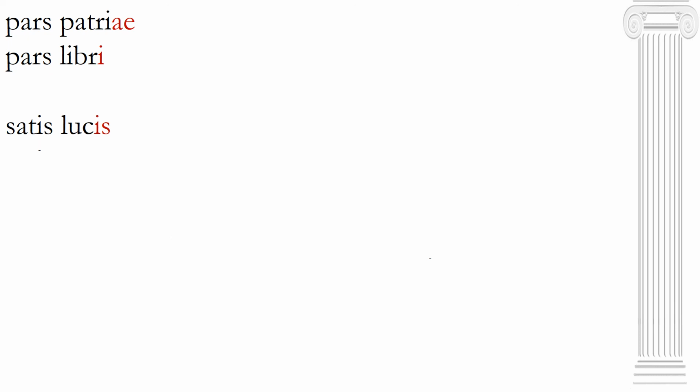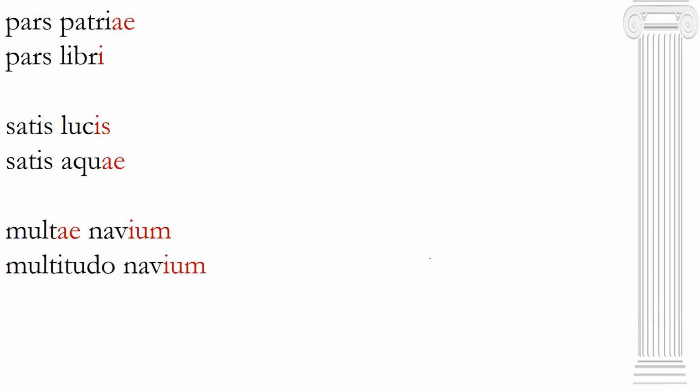Satis lucis, a sufficient amount of light. There's that genitive again. Satis aquae, enough water or a sufficient amount of water. Multi navium, okay, many of the ships. Multitudo navium, a multitude of ships.